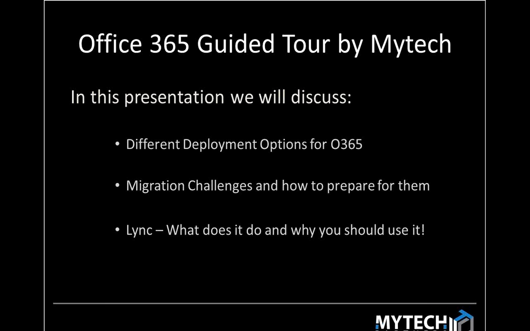Why we should use it: it's a huge productivity boost and a really secure, great way to collaborate and communicate with your people, not only in your office, but other people using Office 365 in different organizations, and really hammering home the productivity standpoint.